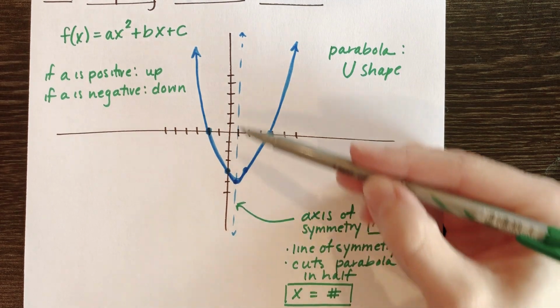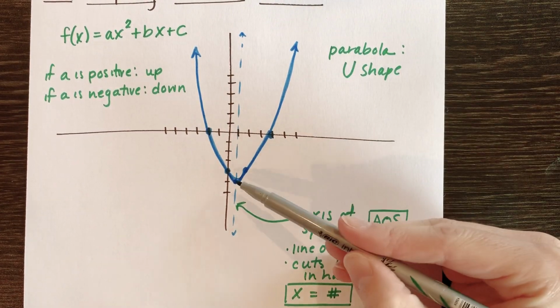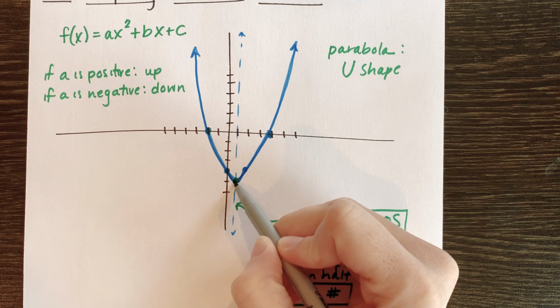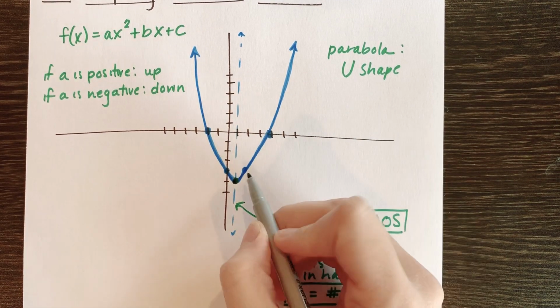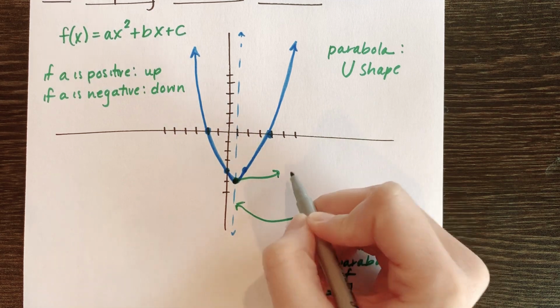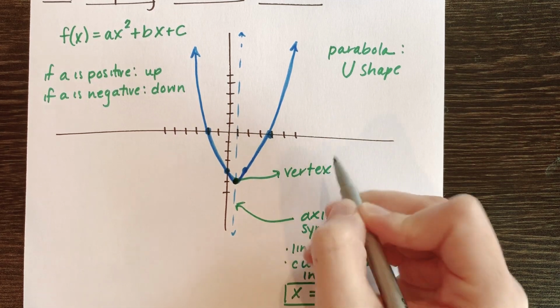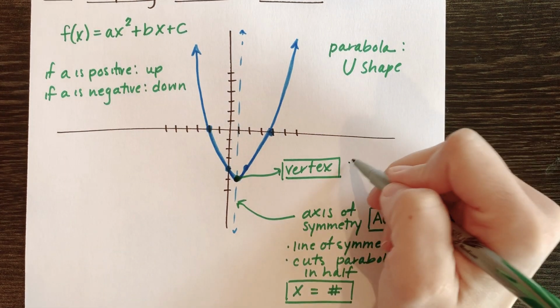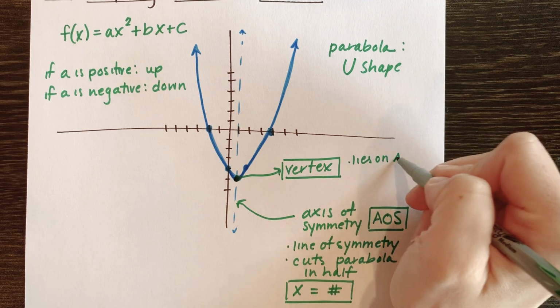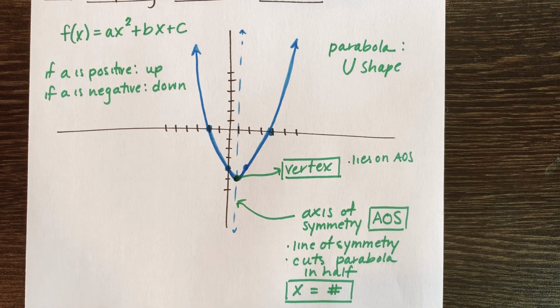The axis of symmetry cuts that parabola in half, and it always goes through this point right here, right at the base of that parabola if it's opening up. And that point is my vertex. It always lies on the axis of symmetry. And it's either the highest or lowest point.